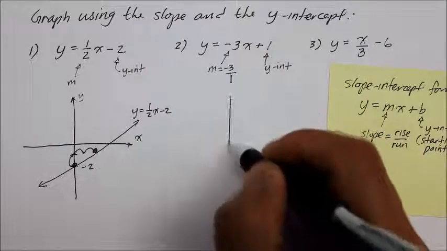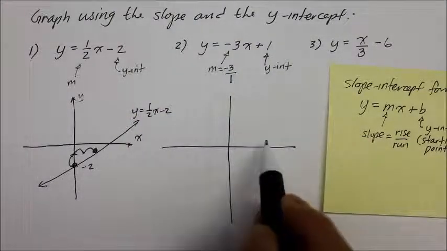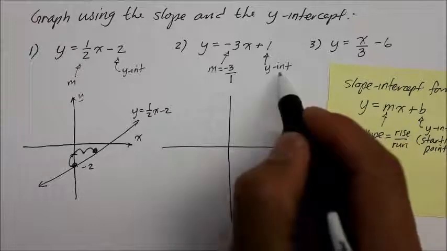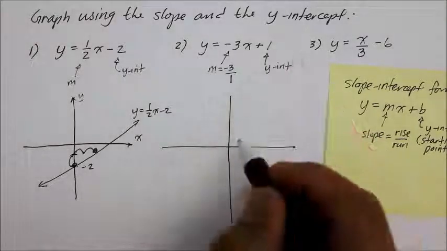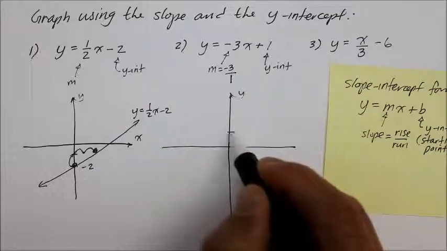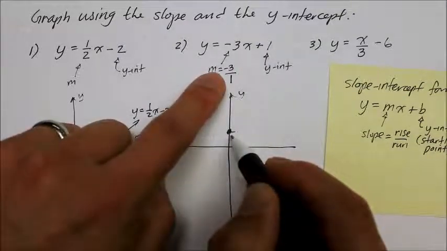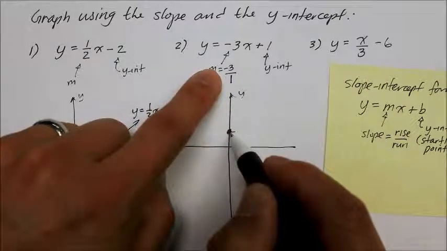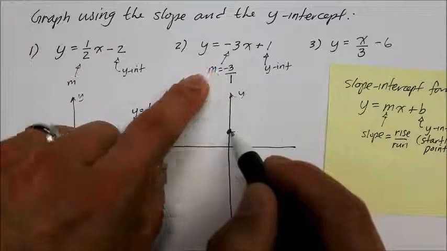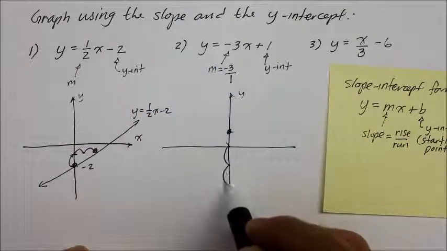So let's just graph right away. Table of values? Not here. Straight on with the y-intercept, the starting point. On the y, it starts at 1. Bam! From there, what's the rise over run? The rise is -3, which means go down 3 from the y-intercept. 1, 2, 3.